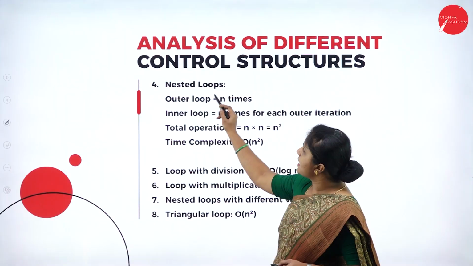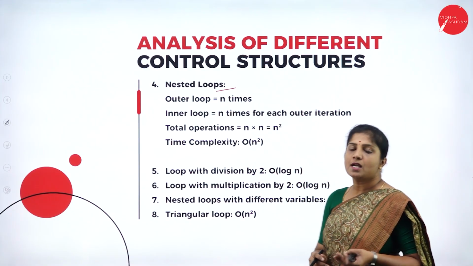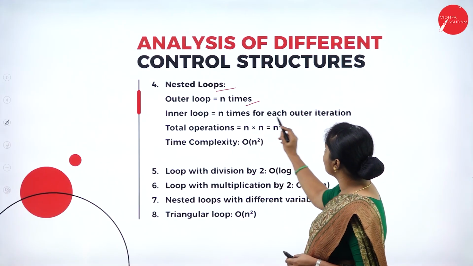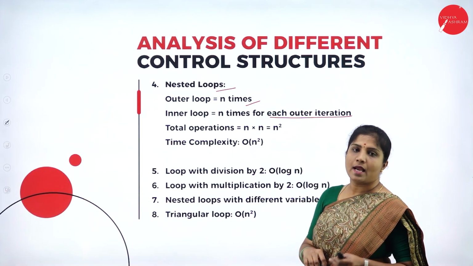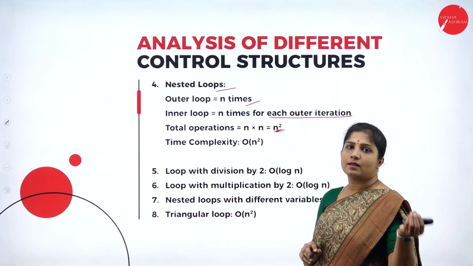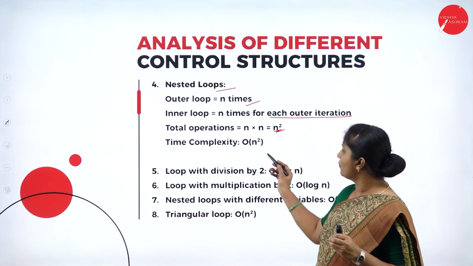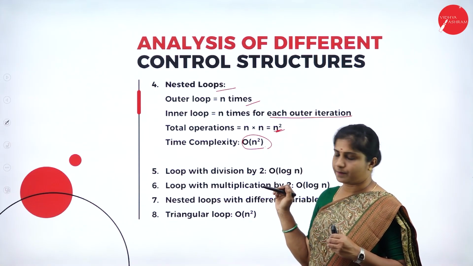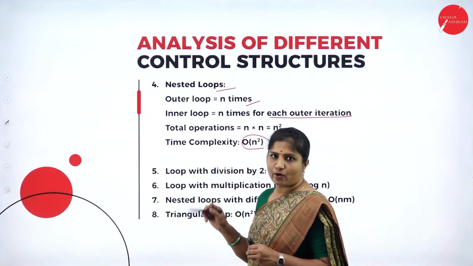Next, the nested loops. The outer loop is counted n times, and the inner loop runs n times for each outer iteration. Hence n into n, that means n square, so the time complexity will be big O of n square. This is how we analyze non-recursive algorithms mathematically.